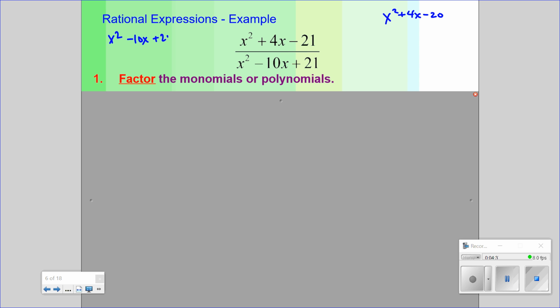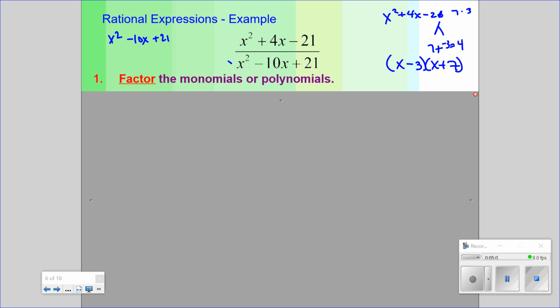So on this problem, we want factors of negative 21 that add up to be our middle term of 4. So for them to add up to be a positive 4, factors of 21 are 7 and 3. So the 3 would have to be negative, the 7 would have to be positive. So that would factor to (x minus 3)(x plus 7).